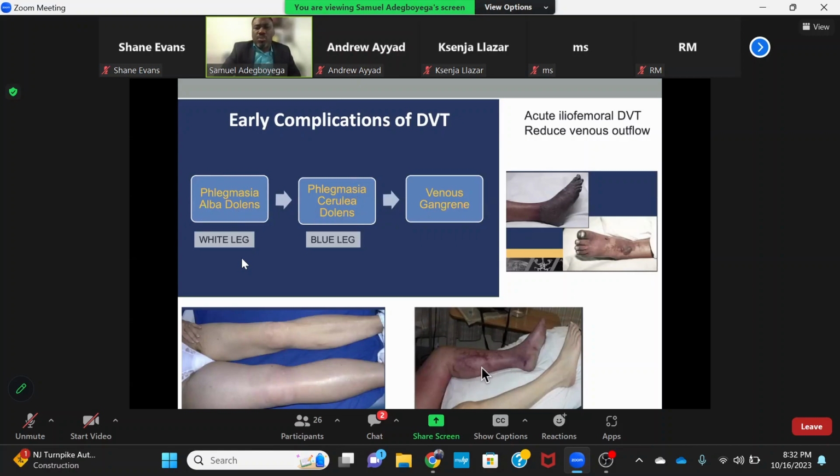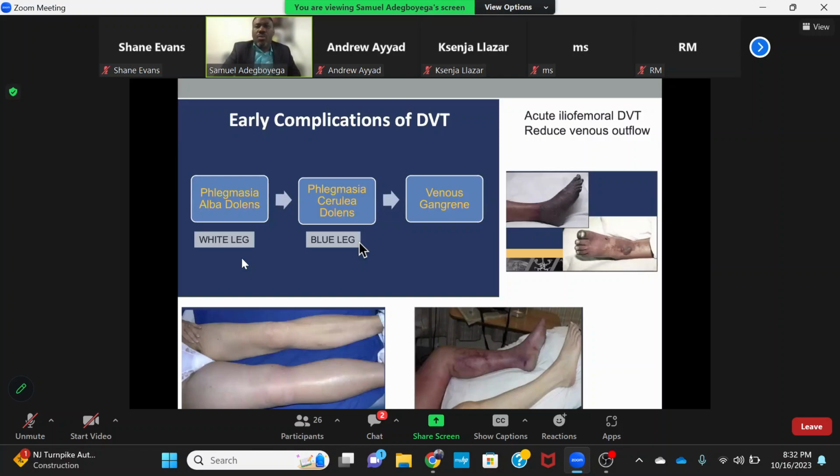When it becomes blue, that means your superficial, your deep, everything is occluded, and there's no outflow. That's your blue leg. Blue means cerulea. Phlegmasia cerulea dolens is a medical emergency that could lead to compartment syndrome.